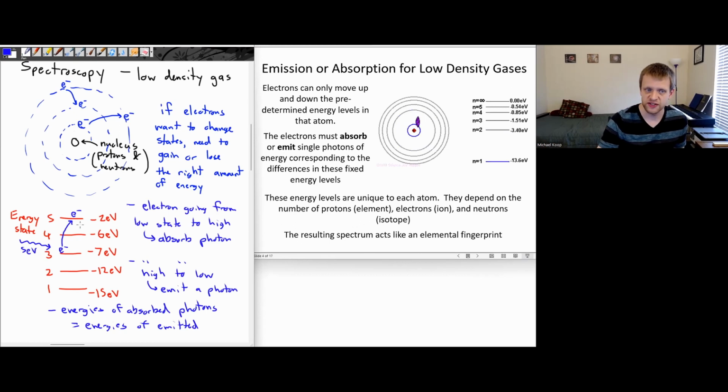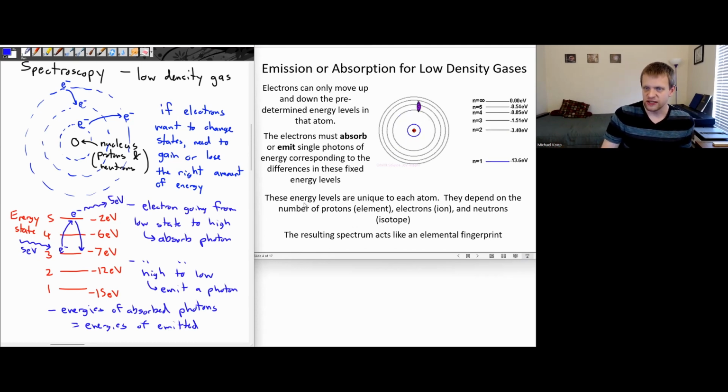Now it's in this excited state, and let's say it decides to fall back down to the third energy state. It's going to have to again emit a 5 eV photon. This is what I mean by the energies of the photons that this particular type of atom likes to absorb are going to be the same as the energies of the photons that this atom likes to emit.